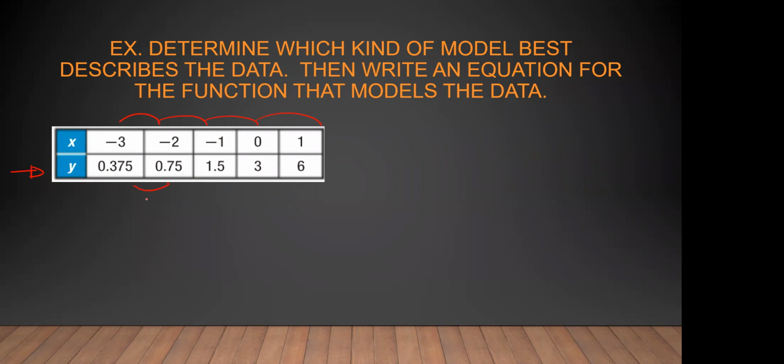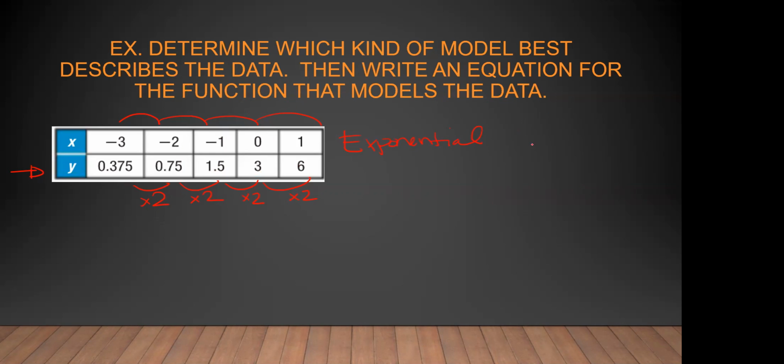Well, what's happening is we multiplied by 2. And 0.75 to 1.5, again, we multiplied by 2. And then 1.5 to 3, again, we multiplied by 2. And then 3 to 6, again, we multiplied by 2. So this is going to be an exponential function.